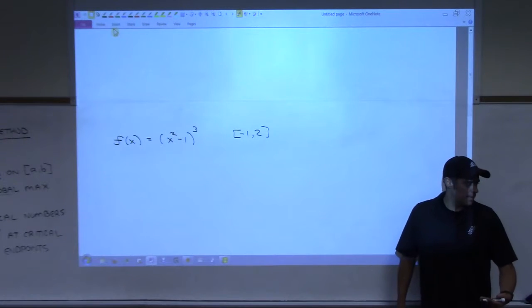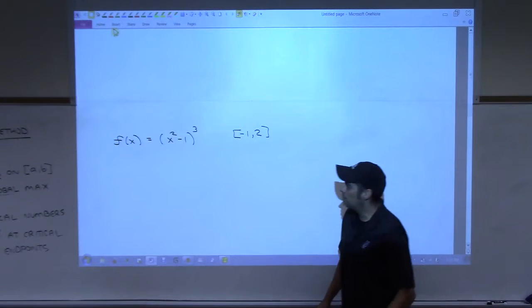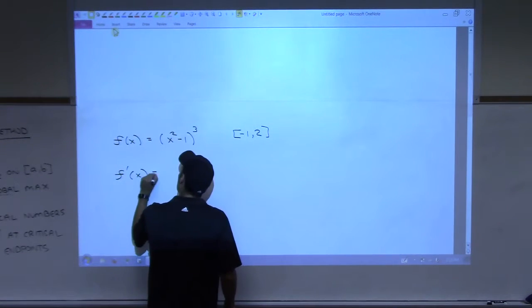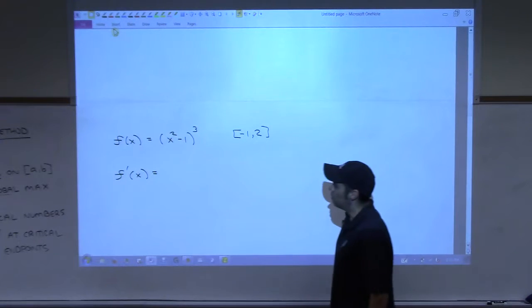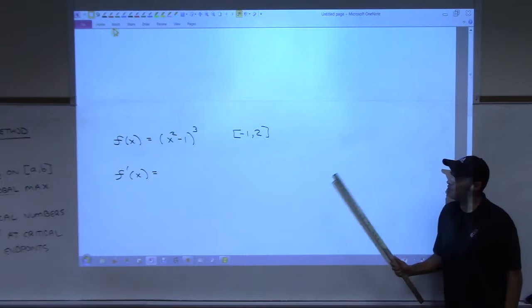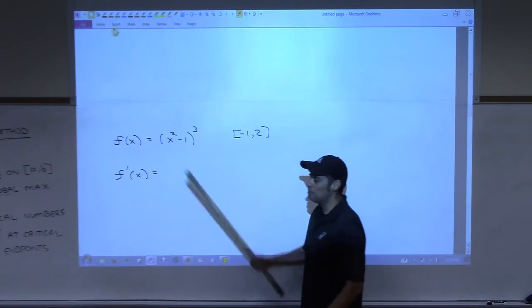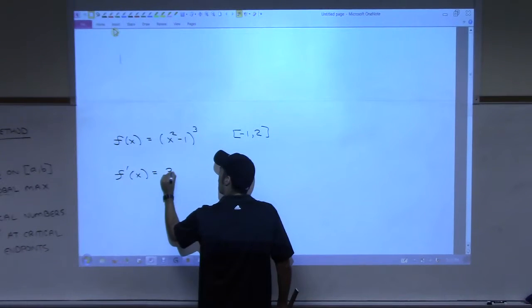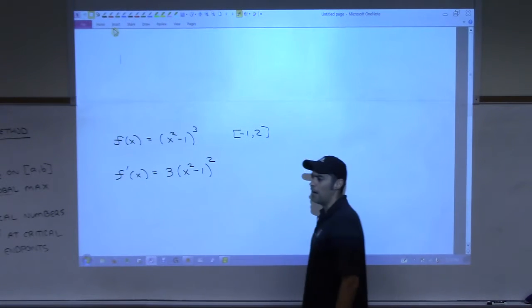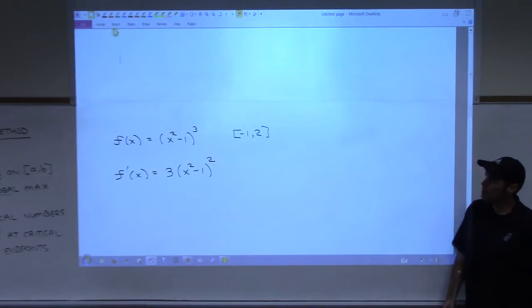I'm going to need the derivative, so let's go ahead and get the derivative now. And to get this derivative, I will use chain rule, right? First thing that happens is the 3 comes out, and then it's everything that was there, now to the second power, because I reduced the power by 1.